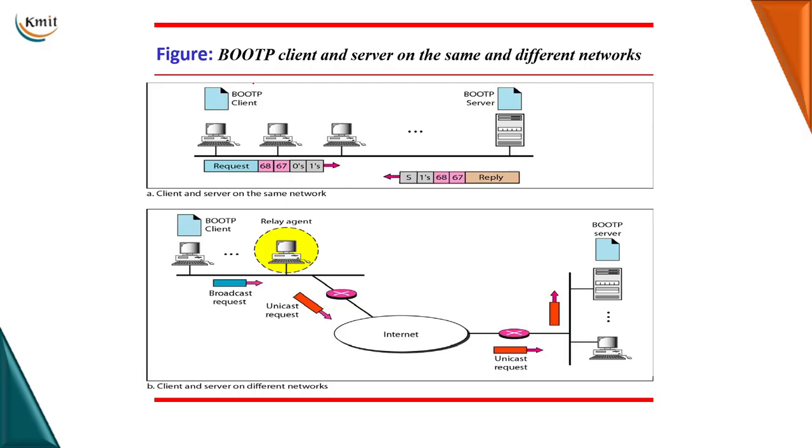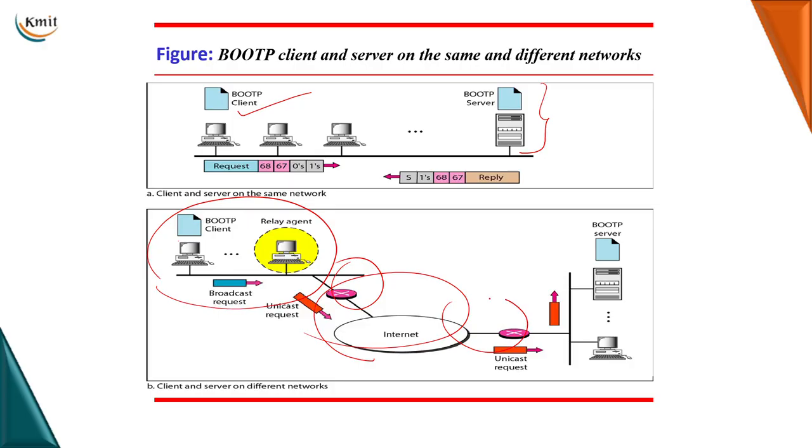You can see a BootP client wants to know the IP address. I have a BootP server which will reply to it. They are both on the same network, so there's no problem. But what if the BootP client is on one network and there is an internet in between, with routers in between, and I have the BootP server on a separate network?